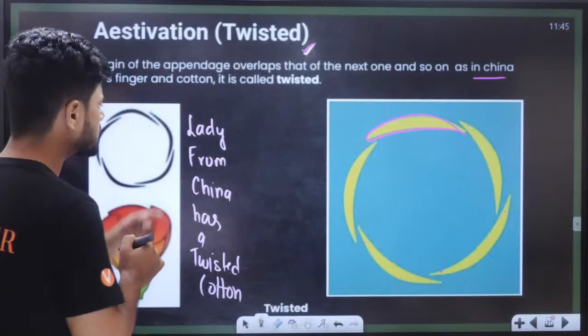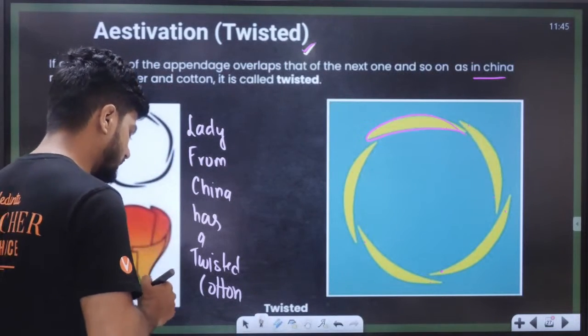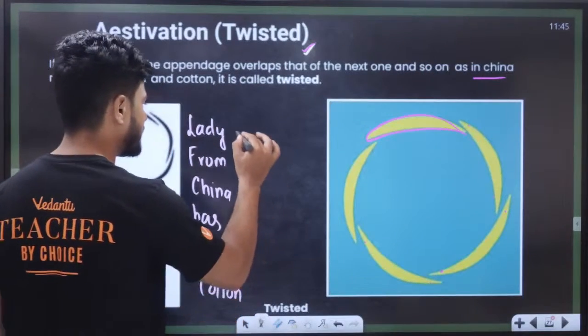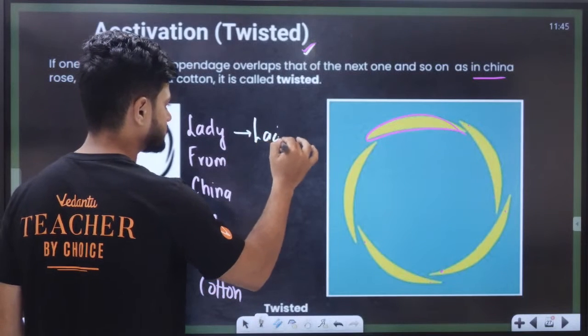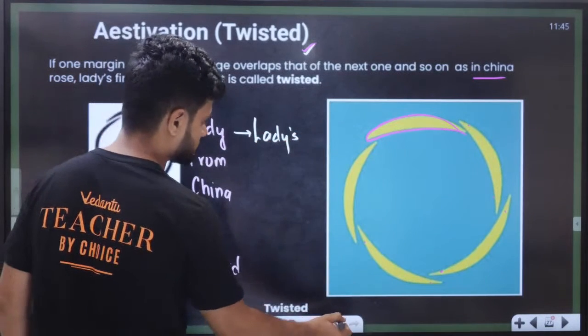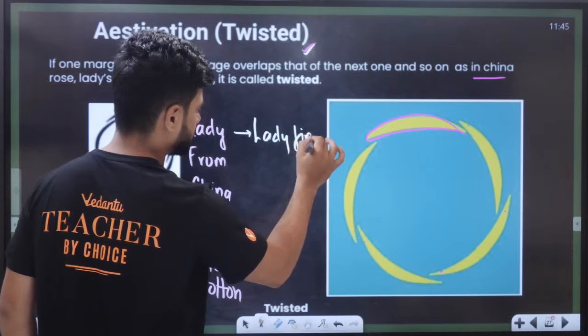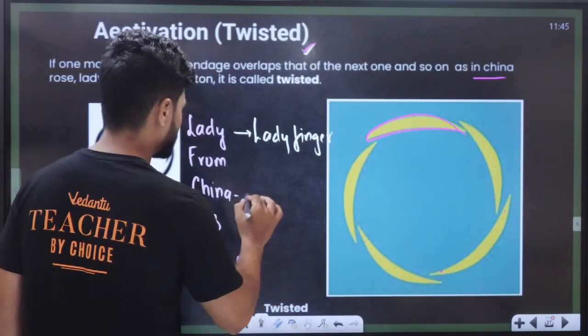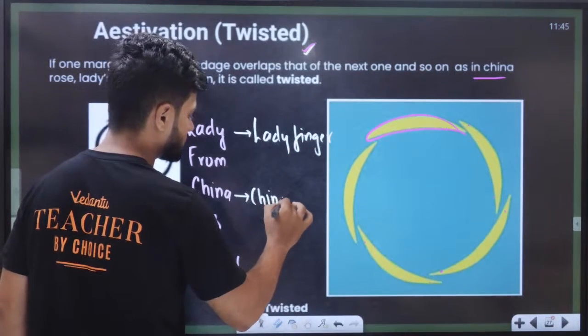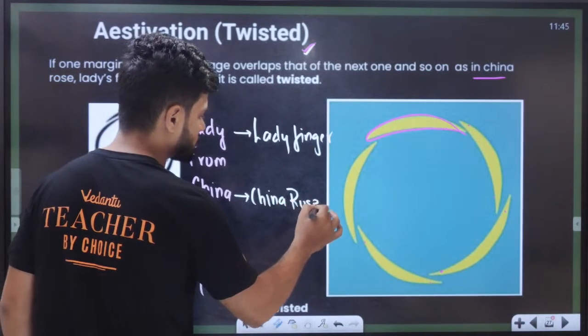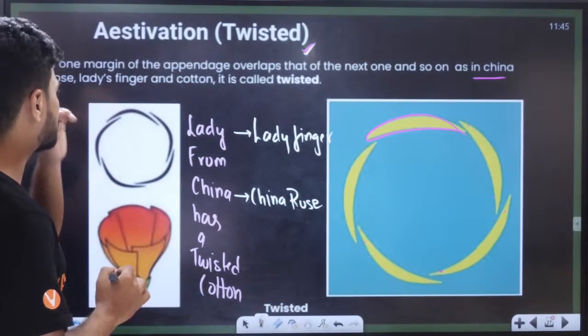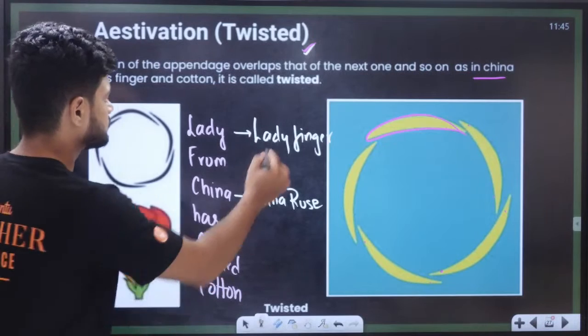Now what is L? The L stands for lady's finger. China for China rose.